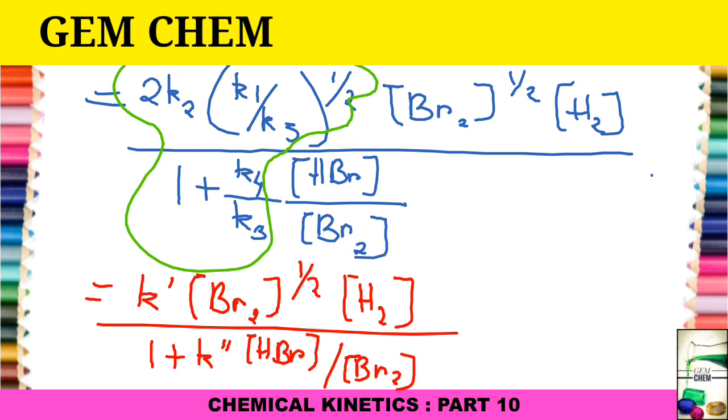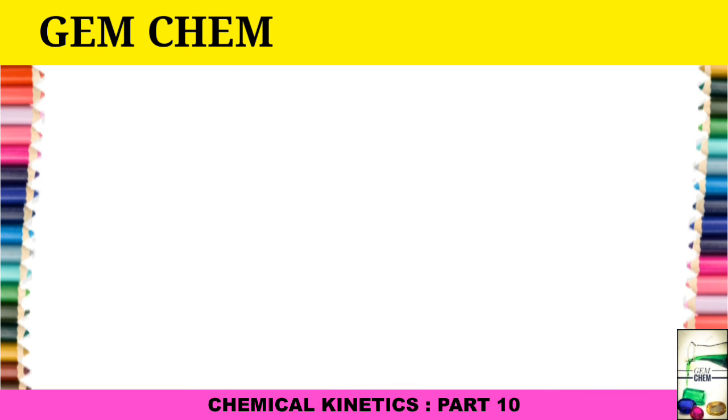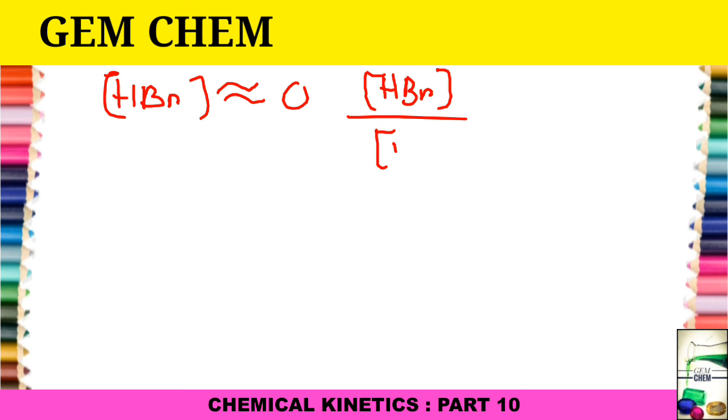So in the initial stage, the concentration of HBr is equal to 0. Right? HBr concentration at the initial stage is equal to 0. So we can write that HBr concentration by Br2 concentration is equal to 0.